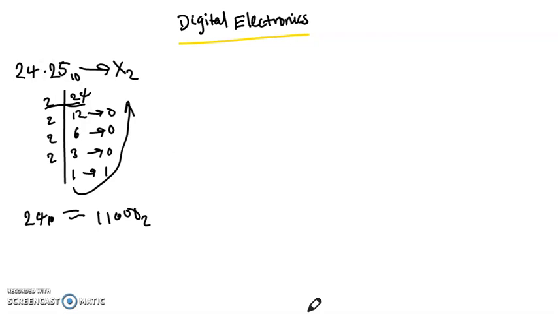So we have 0.25. Multiply this by 2 since it is binary, and we get 0.5. So we take this 0, and we are left with 0.5. 0.5 multiplied by 2 gives us 1.0.